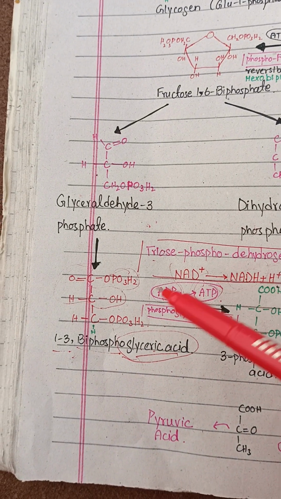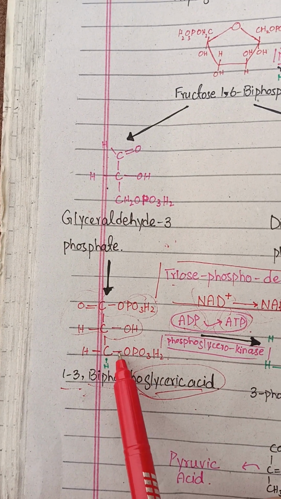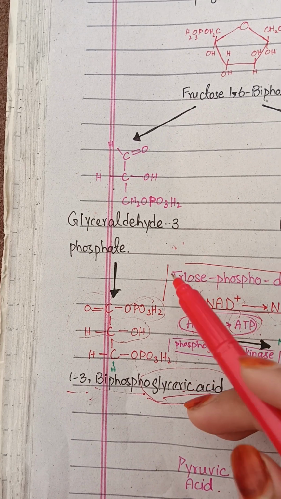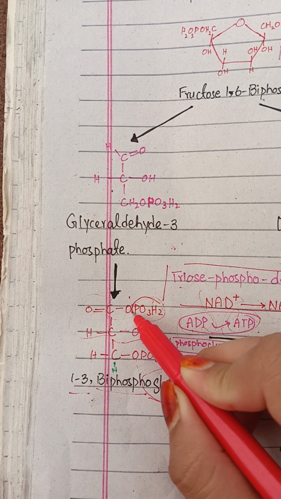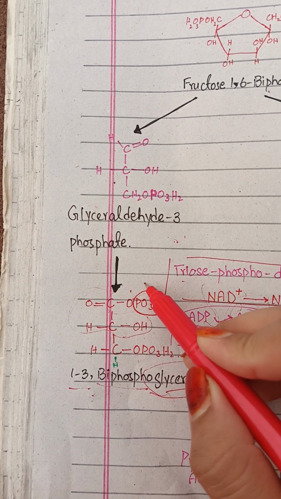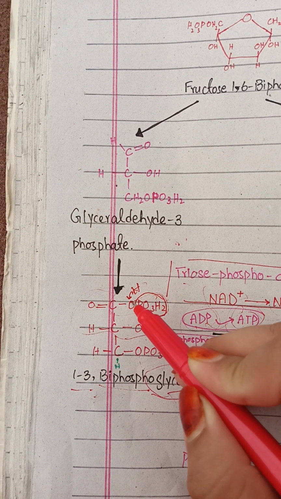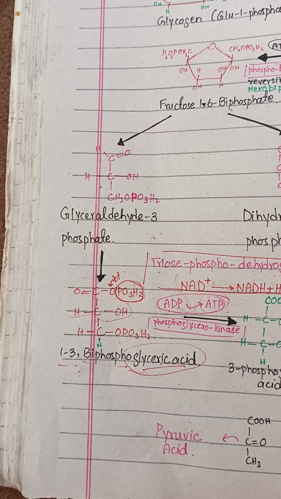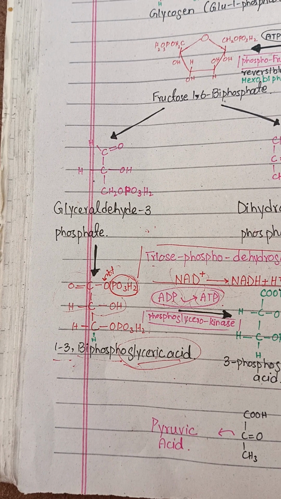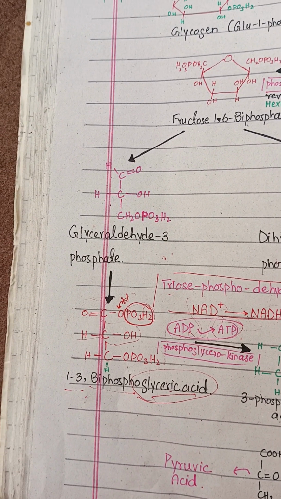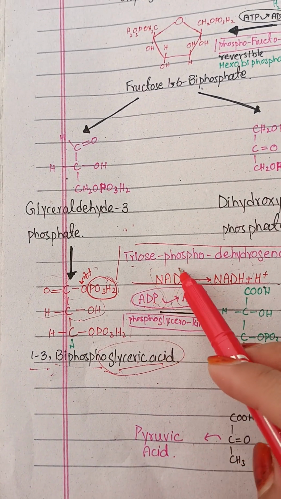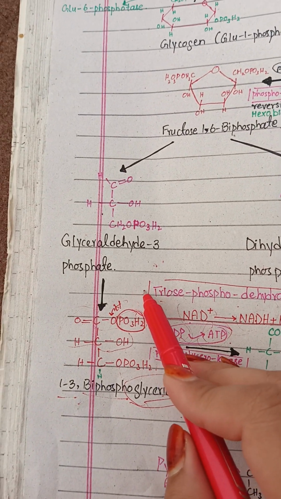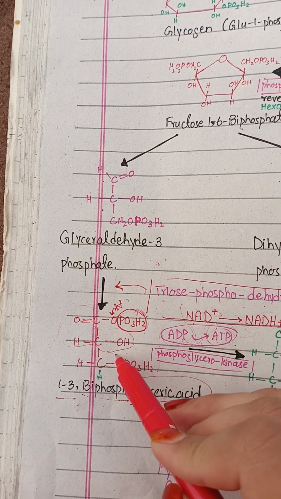This H comes from this, the phosphate group is removed and an H attaches with it. Okay, so due to this triose phosphate dehydrogenase is used in this process.